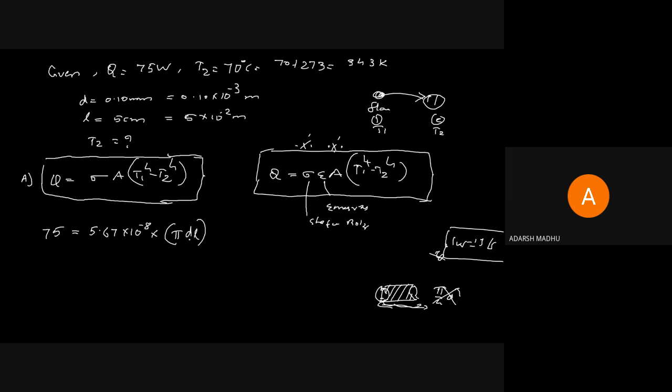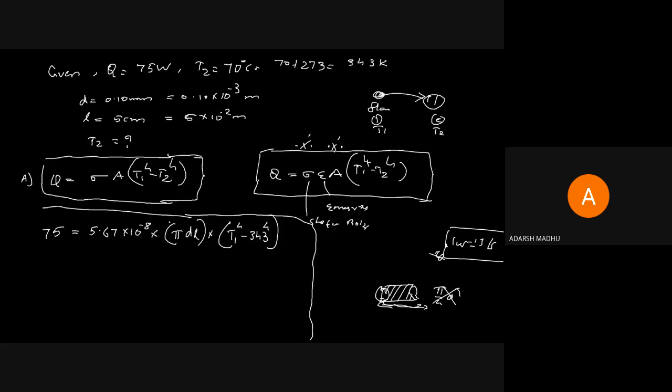Diameter is given, converting into meter, length is given, and the pi value is 3.14, you already know that, and T1 raised to 4 minus T2 raised to 4. T1 is to be found out, and T2 is given as 343 Kelvin raised to 4. So the only unknown value here is T1.